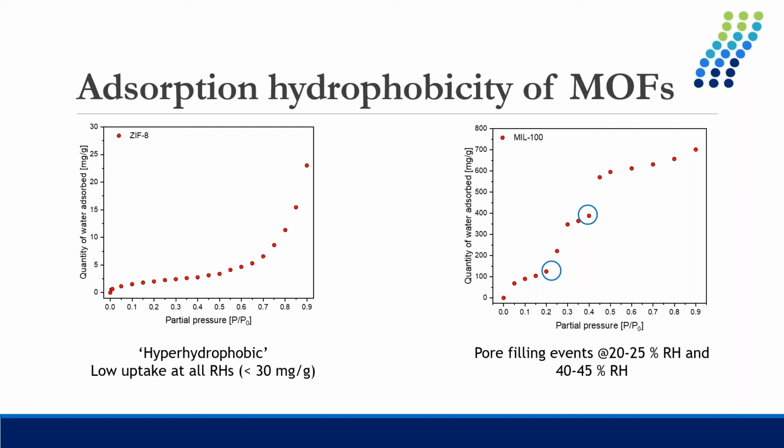It's then able to penetrate the hydrophobic barrier of the smaller micropore, followed by penetrating the barrier of the larger micropore and able to fill the small and large mesopore apertures respectively. So these pore filling events, we believe, will give us a lot of insight into how the adsorption mechanism for water vapor will influence the competition and the adsorption capacity for VOCs.